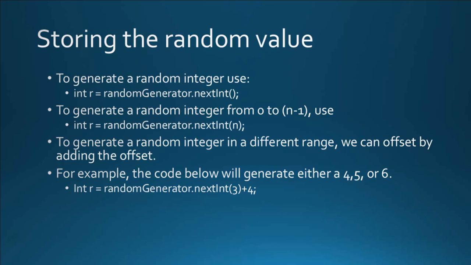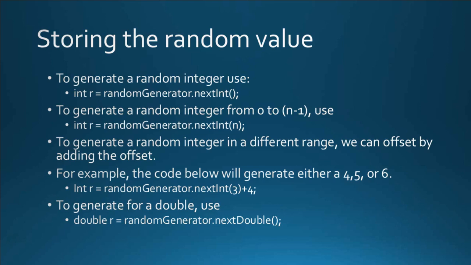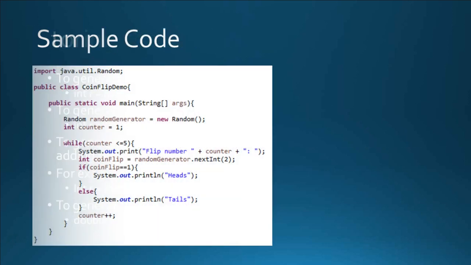Remember, 3 in there would give me the choices of 0, 1, or 2. But then all those numbers are getting 4 added to them. So instead of 0, 1, 2, I get 4, 5, 6. And of course, if I wanted a double, I can use just double r equals randomGenerator.nextDouble. And all the other things that you've seen would apply here as well.